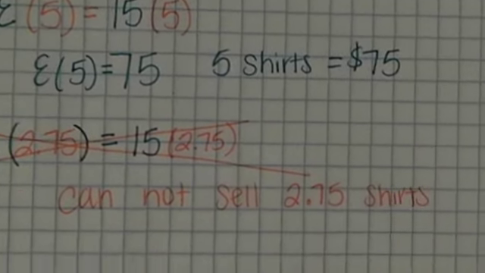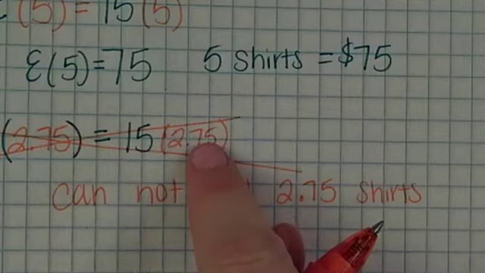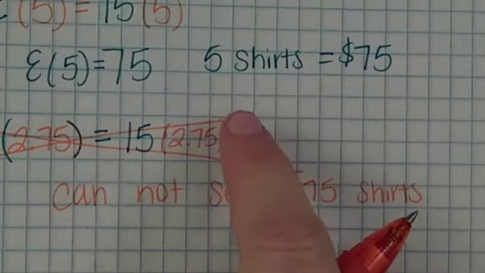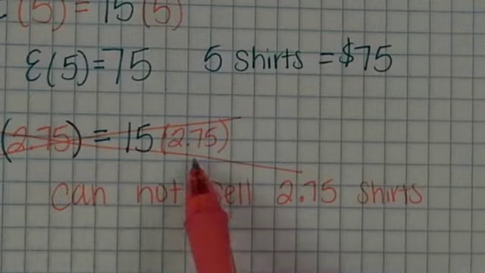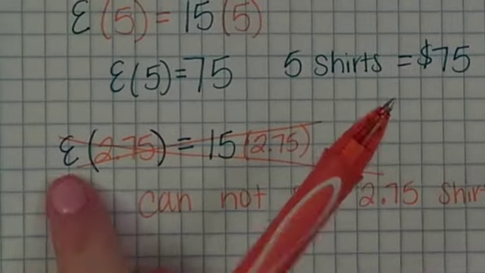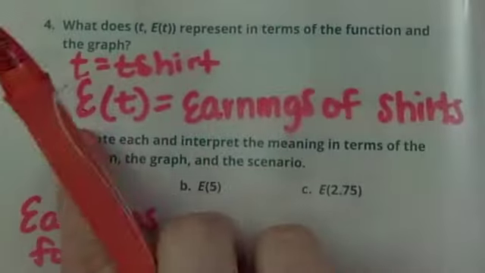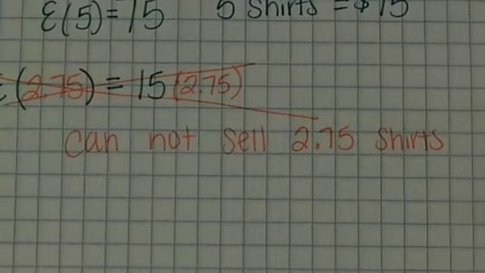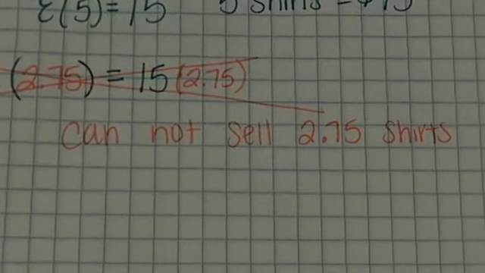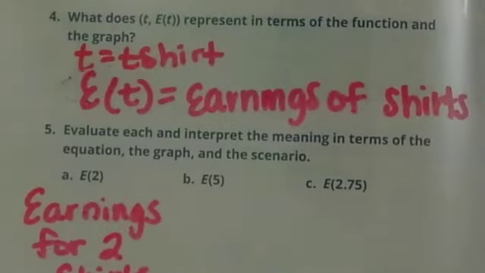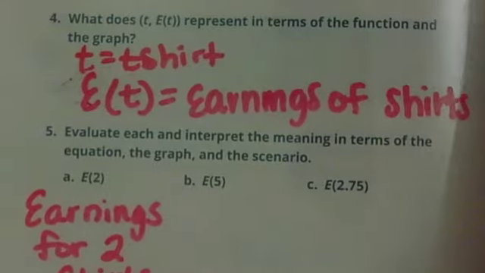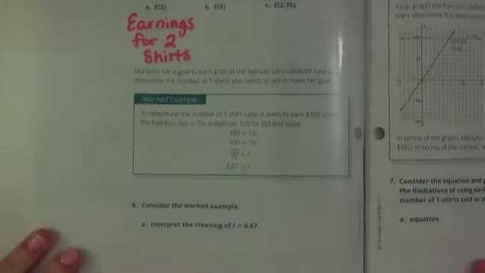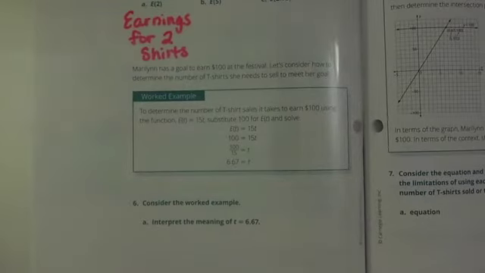So you have to pay attention to if the decimal represents the number of shirts or if that represents the amount earned. Since it was E, just like earnings of blank shirts, just like we wrote here, E of T is the earnings of numbers of shirts. So that 2.75 does not make sense in this problem because you can't sell 2.75 shirts. Just like we always talk about, who would want to sell 55 pineapples? You wouldn't.